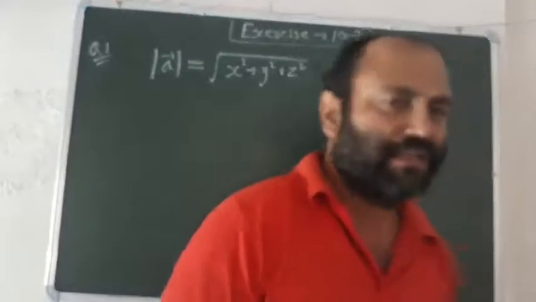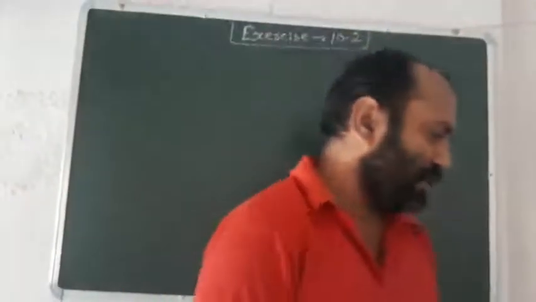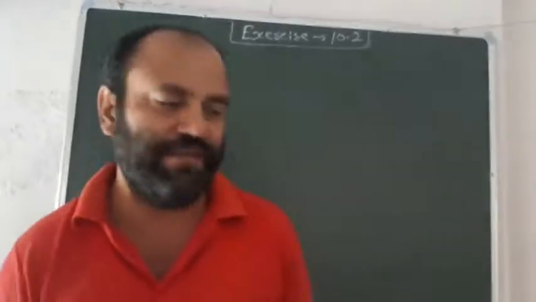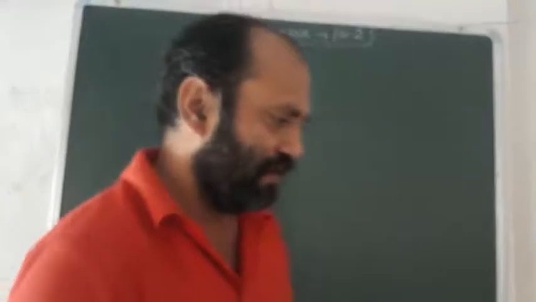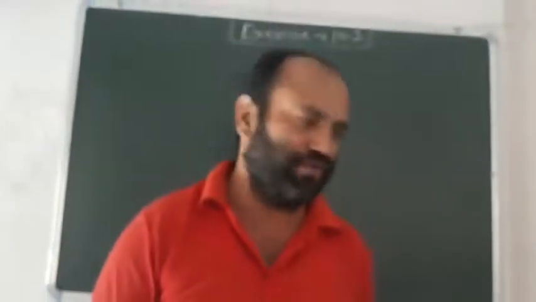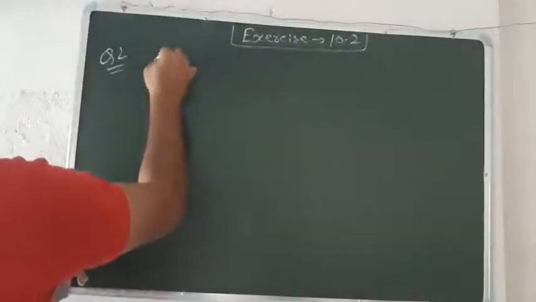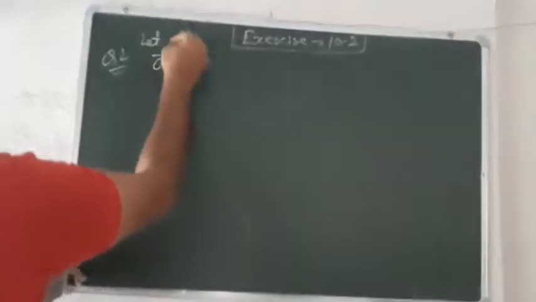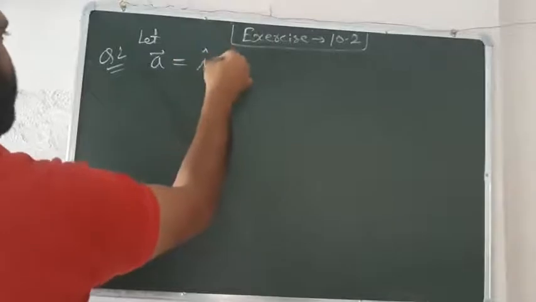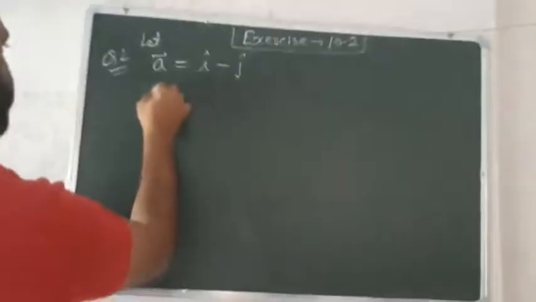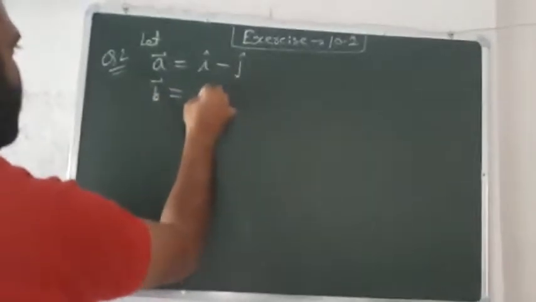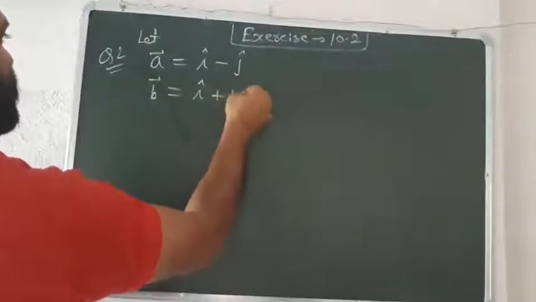Okay. Next question, question number 2: write two different vectors having the same magnitude. So you can write this. Let a vector be equal to i cap minus j cap, and b vector I am taking as i cap plus k cap.